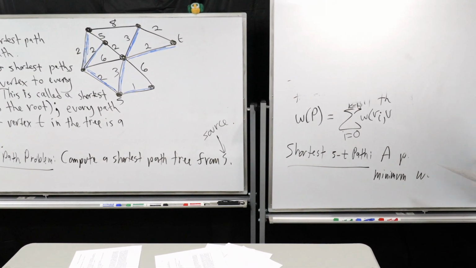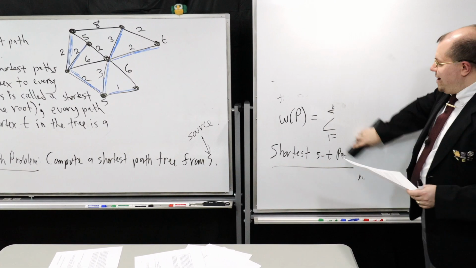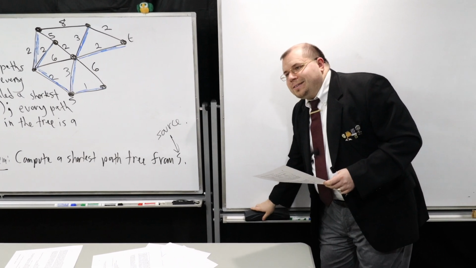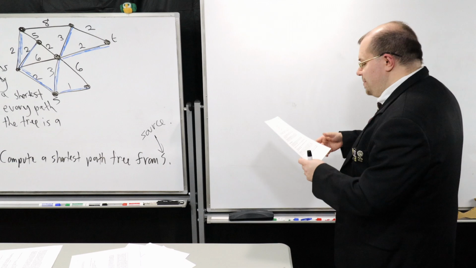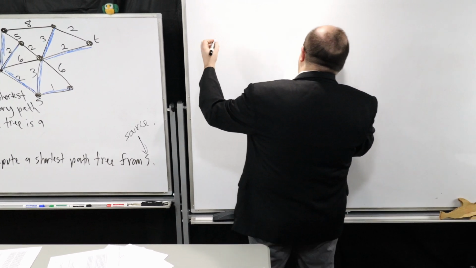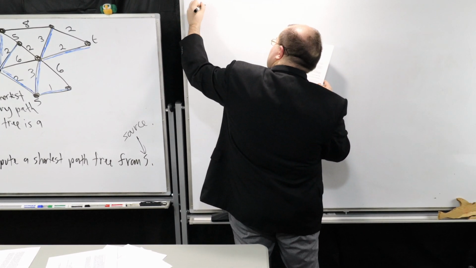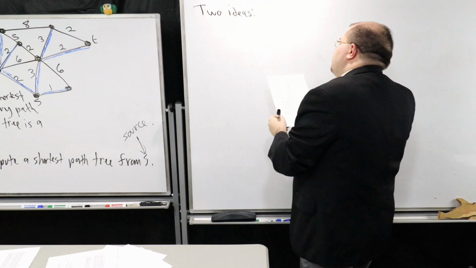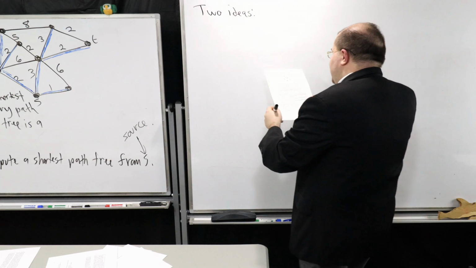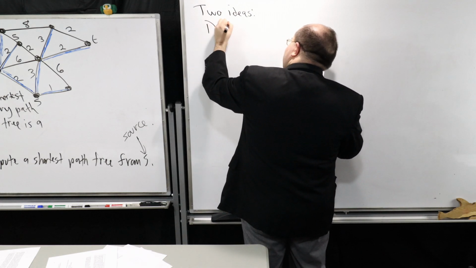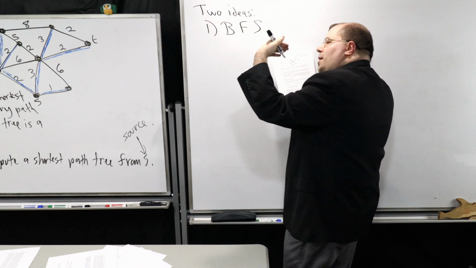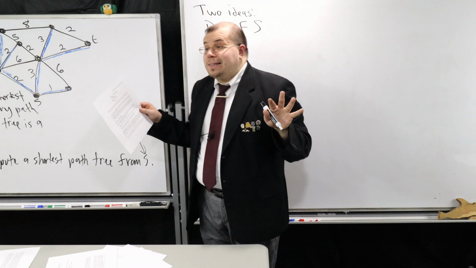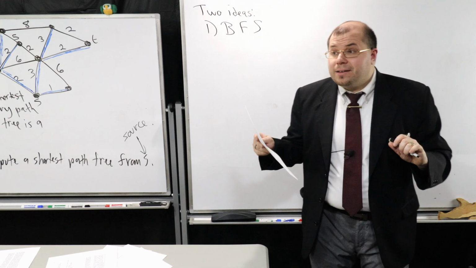This is a lot like BFS, except we're going to incorporate something we've seen in Prim's algorithm. So we have two ideas. The first one is to use BFS so we can go level by level through the graph, akin to something like Prim's algorithm did.